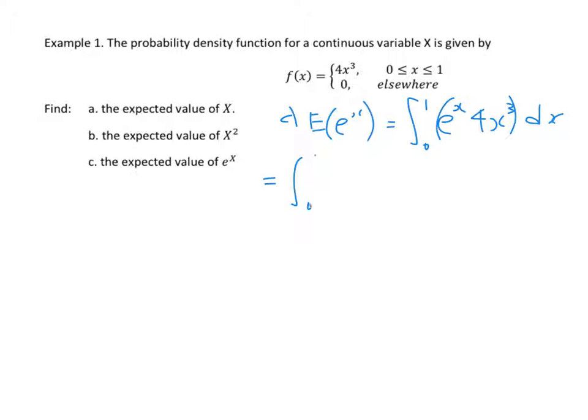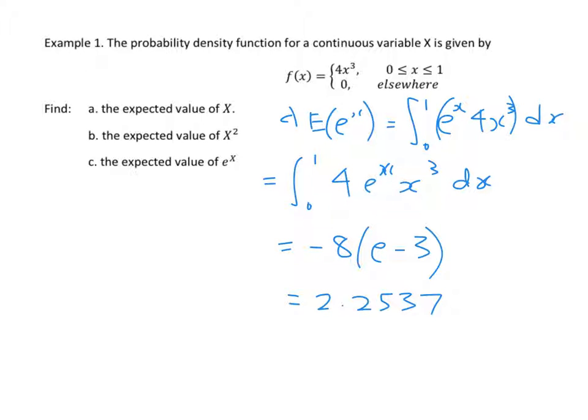Now this function is actually beyond the scope of methods by hand, so I'd plug it into my calculator, and the answer I get from the calculator is negative 8e minus 3, which if I control enter, I get a funky number, 2.25375, but I'm not freaking out because it's an expected value and there are no limits on expected values.